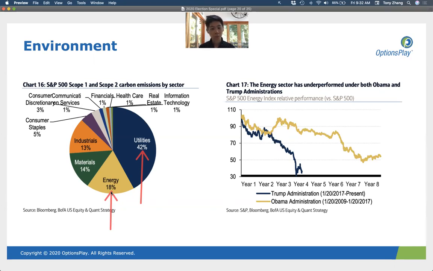And Biden's plan is trying to address that by increasing regulation and increasing taxes on the sectors that are emitting these carbon emissions, and also at the same time creating a lot of opportunities, in my opinion, to move towards a cleaner, renewable planet.